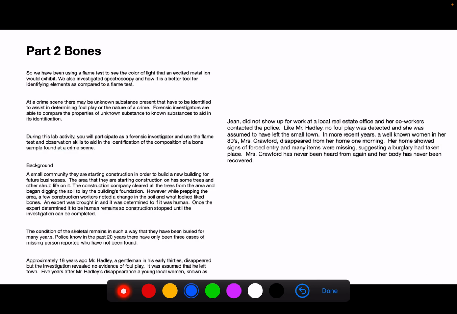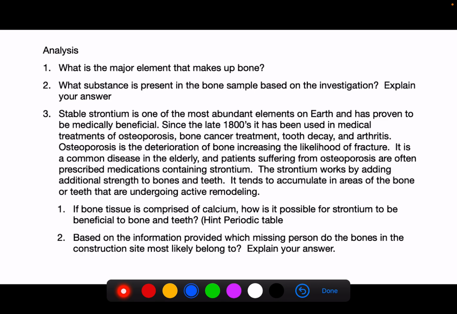Honors, you were given a scenario about the bones and you were asked to identify whose bones they were. And this causes you to really think through the process of why you're getting what you're getting with your results. And so just some common questions here, like analysis asking you, what makes up the bones and what substances were present in the bone sample in your investigation?